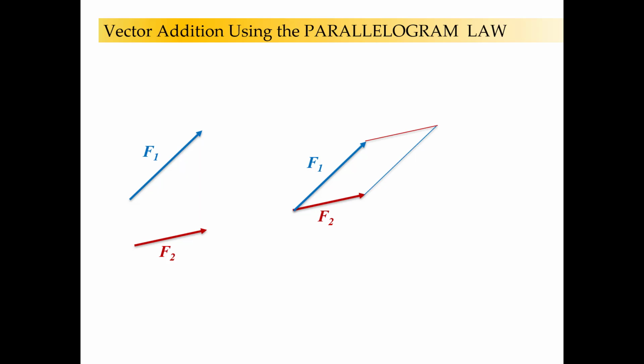And this parallelogram, this red line here is parallel to that line there. This blue line parallel to that line there. And then starting at the tail of these two vectors, draw a vector to the end of these two, and that is your resultant. Okay, and we're naming it FR here, F sub R for resultant. It's the summation of F1 and F2.